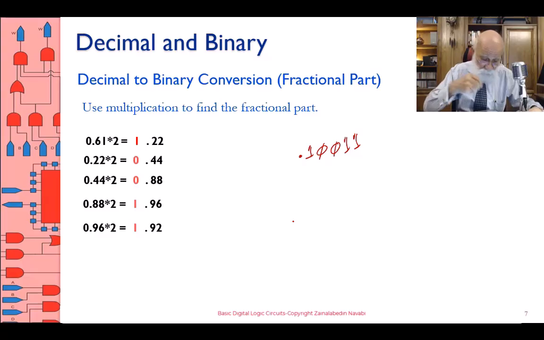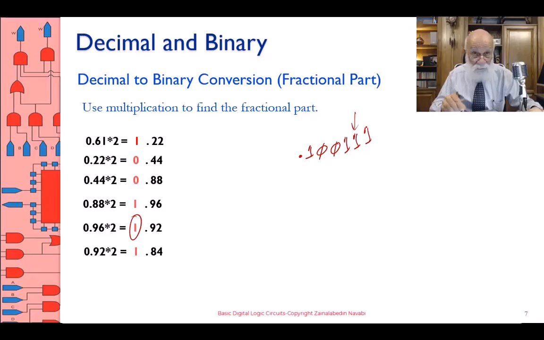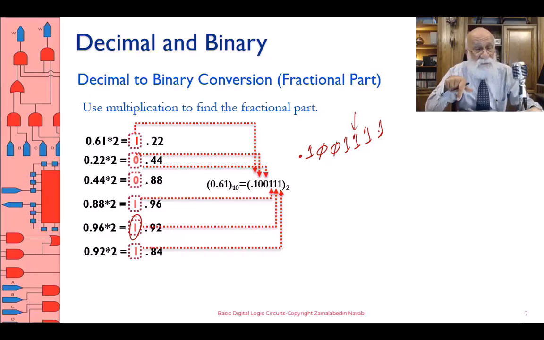Take 0.92, meaning just remove this 1, put it here, take 0.92 multiplied by 2, and then that's 1.84, then you put a 1 here. Okay, if you want to continue, you will do the same thing. That meaning that you multiply 0.84 by 2, which is a 1 here. Okay, I'm not going to do that.